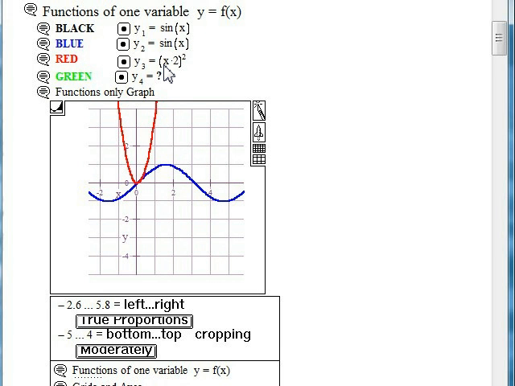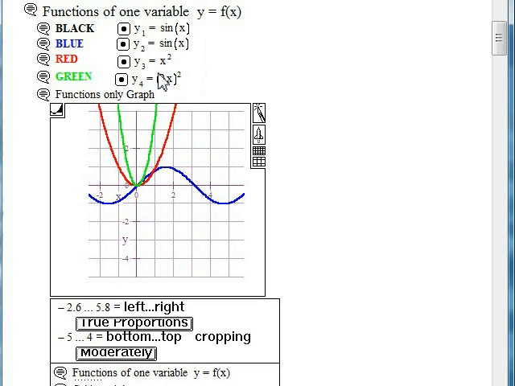Oh, actually, let's do it this way. Compare the red graph, which is y equals x squared, with the green graph, y equals, in parentheses, 2x squared. The x that was in this one has been replaced by a 2x. What is the effect on the graph now?